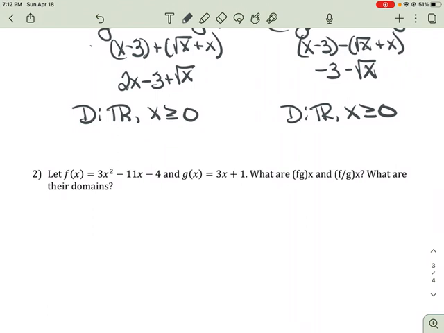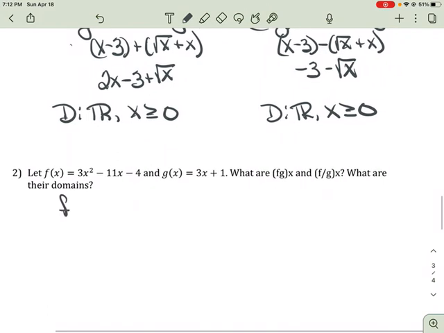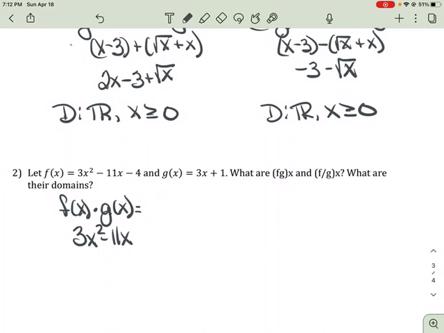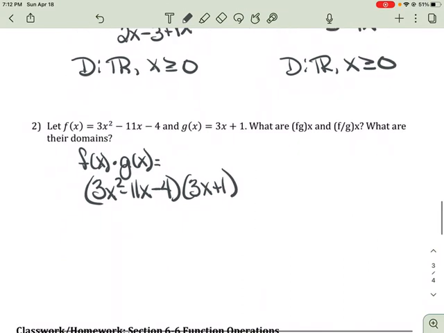All right, let's try this one. We're doing division and multiplication. So we're going to do f of x times g of x. So we're going to do 3x squared minus 11x minus 4 times 3x plus 1. All right, we got a lot of x cubed.